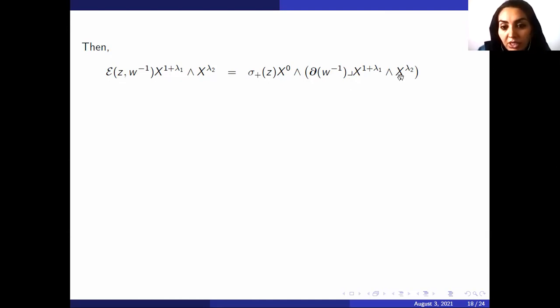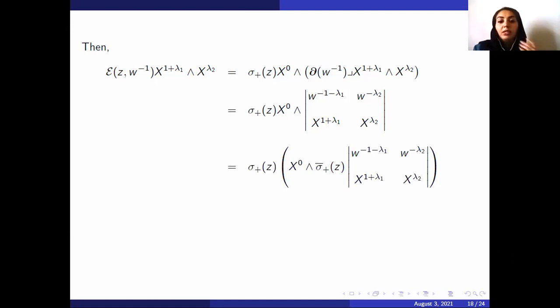As I explained during the contraction part, we have this determinant. And then, since sigma plus C x0, mind that here we are not using just the notation. We are using the notion of Schubert derivation.